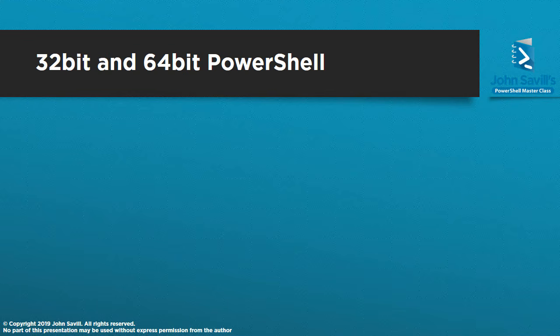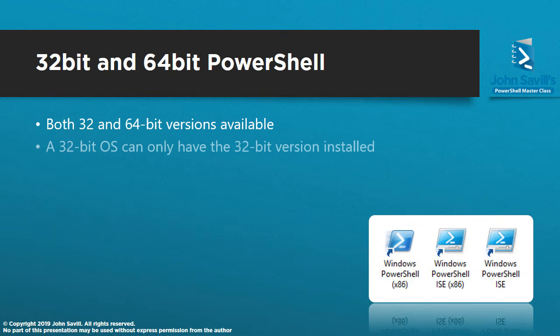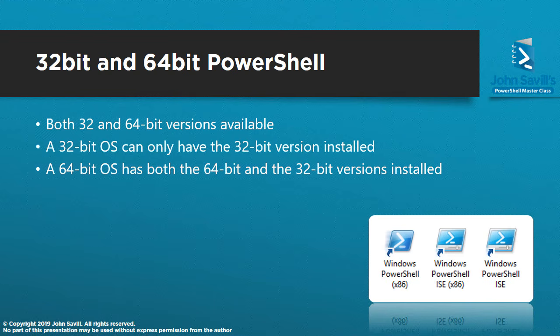Just an FYI, and I imagine pretty much everyone is running a 64-bit version of PowerShell today. But Windows does ship with both 32 and 64-bit versions. If I'm a 32-bit OS, I'm only going to have the 32-bit version. If I'm a 64-bit OS, I have both.